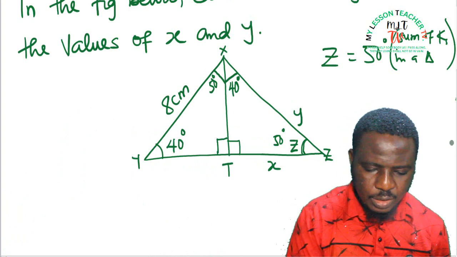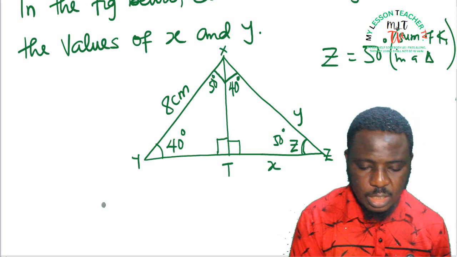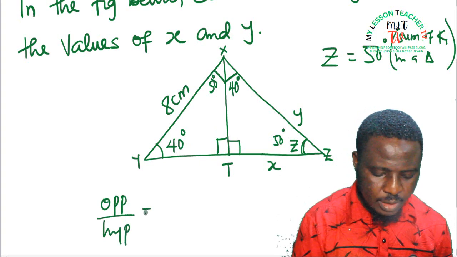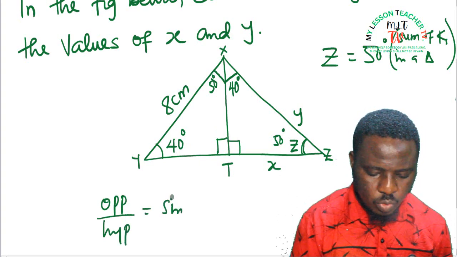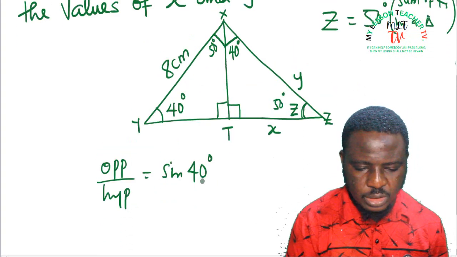So using the trig ratio, with reference to angle 40 degrees, the ratio of the opposite side to the hypotenuse is equal to sine 40 degrees.